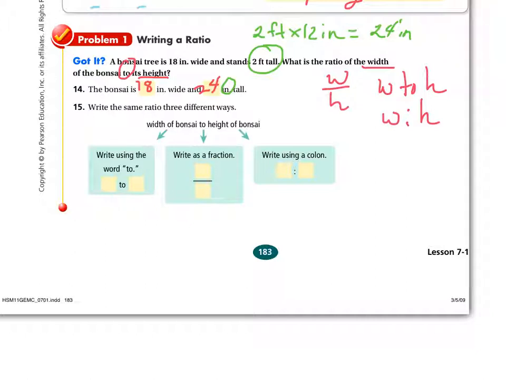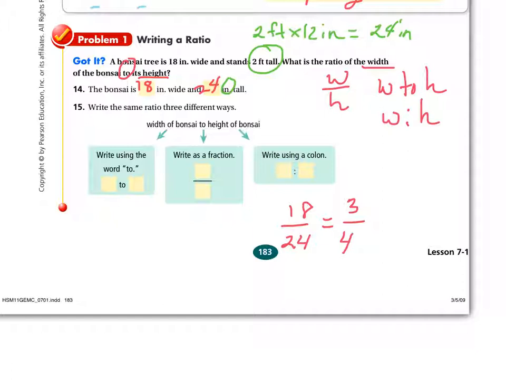So there are 3 ways to write it. Now I'm going to be real picky, because 18/24 reduces to what? What's the biggest number that divides into both 18 and 24? 6. So 6 goes into 18 3 times. 6 goes into 24 4 times. Now your book is going to tell you, oh, you're going to write 18 to 24, 18 over 24, and 18:24.